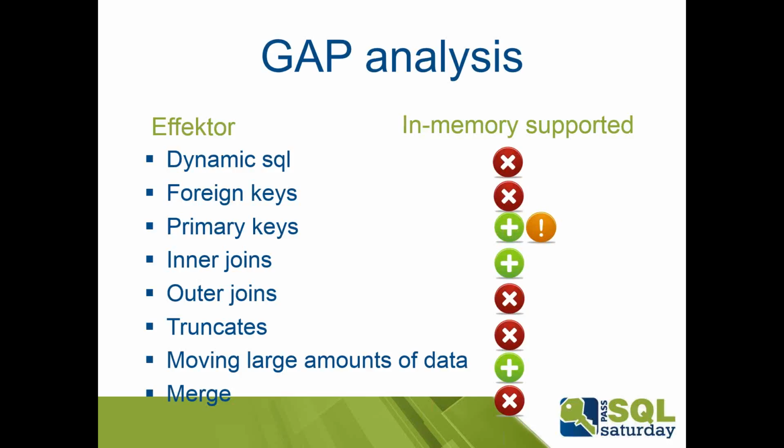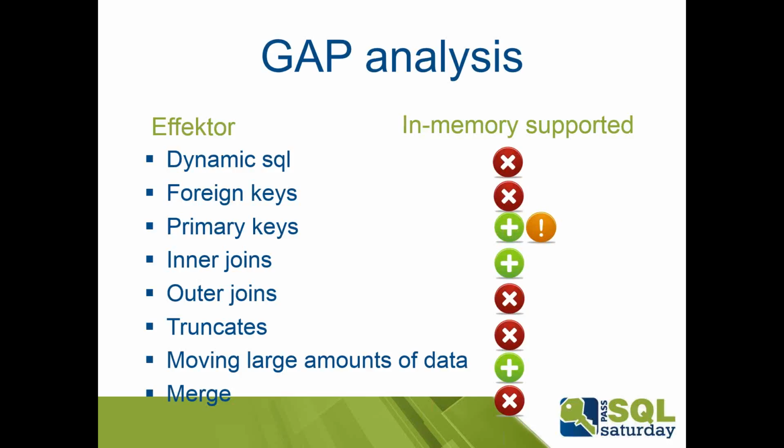Primary keys are somewhat supported by memory optimized tables, so we could use unique identifiers, GUIDs, as our primary keys instead. Inner joins, no problem at all, that's fully supported. We had a lot of outer joins, not supported at all. Truncate, well, you can use deletes. Deletes are pretty fast within memory optimized tables. Or if you have a lot of data, just drop the table and recreate it, which might be faster.